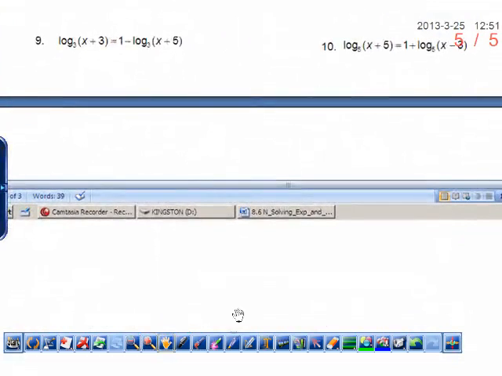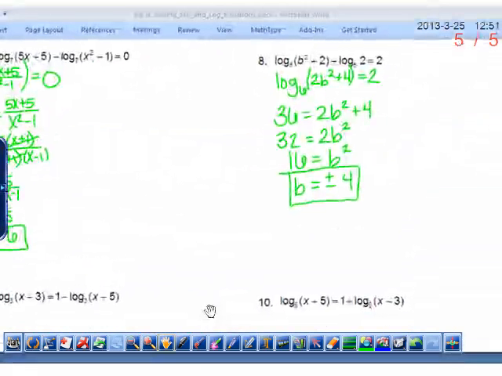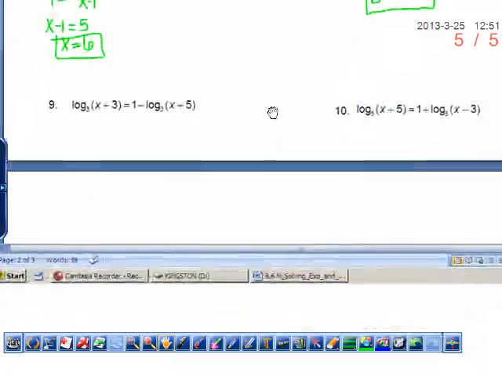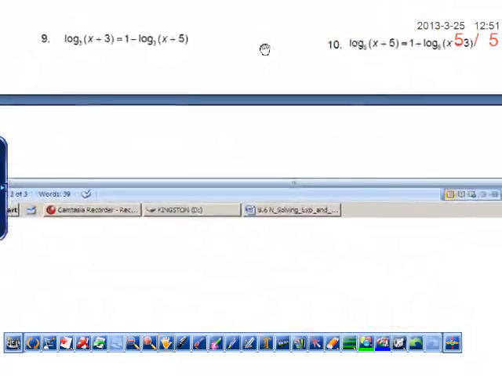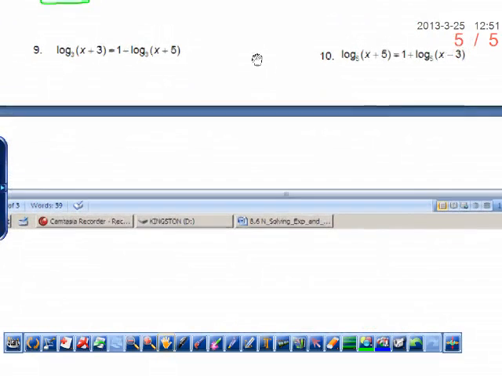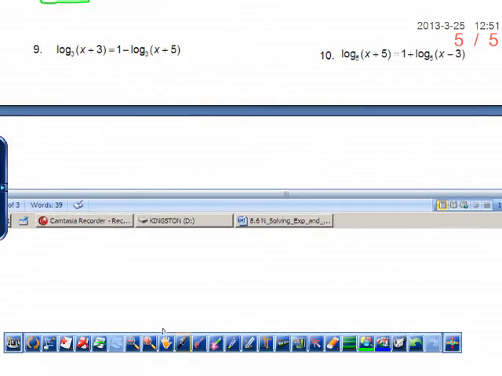All right, let's look at number 9. Sorry, were there any other questions on number 8? Okay, let's look at number 9. What do you notice about number 9? You have logs on both sides.